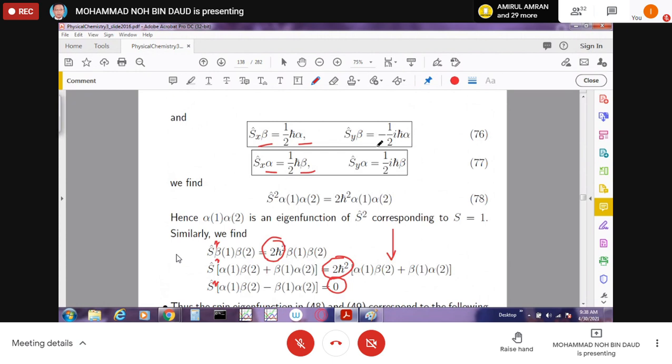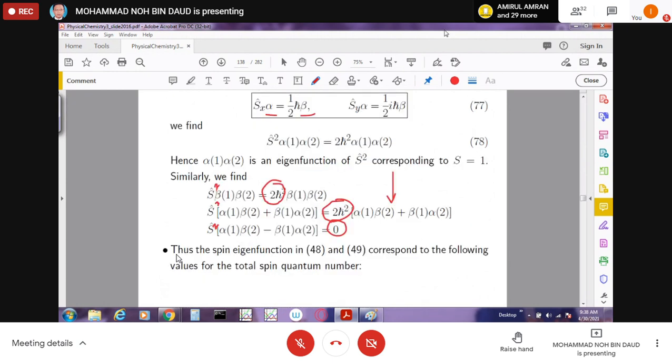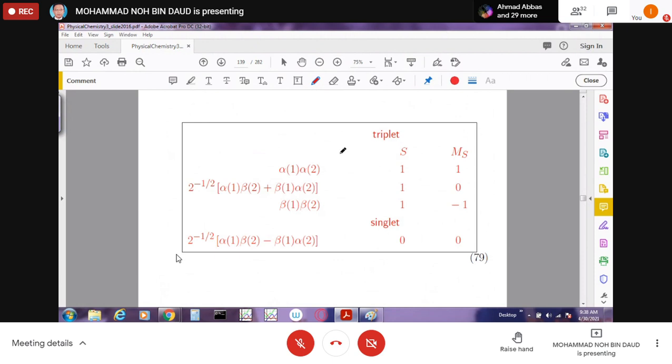So now you can have here this vector with S equal to 1, and S from positive 1 to negative 1. So here, this is the triplet state, and this is the singlet state.